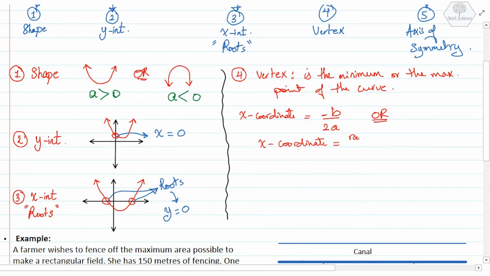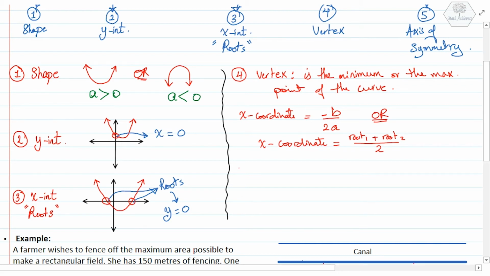So it's root 1 plus root 2 over 2. After finding the x-coordinate of the vertex, if I want to find the y-coordinate to have the coordinates of the point of the vertex in x and y, I simply substitute the x-coordinate of the vertex in the original equation.